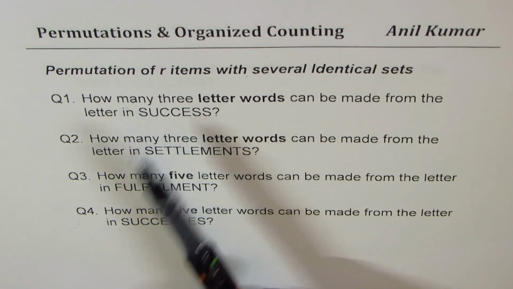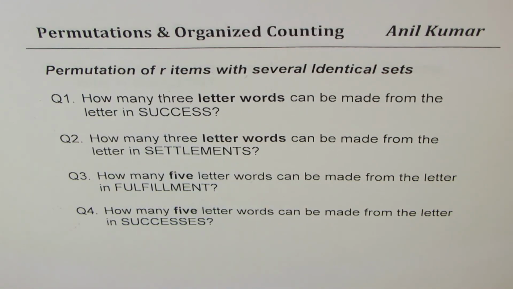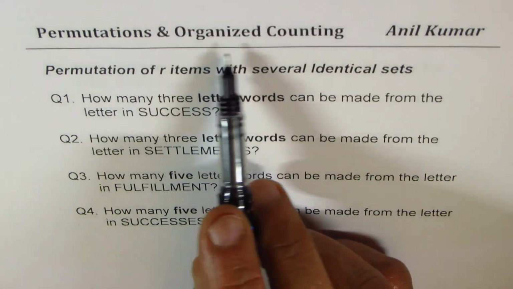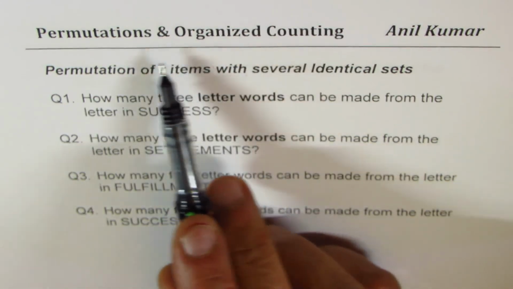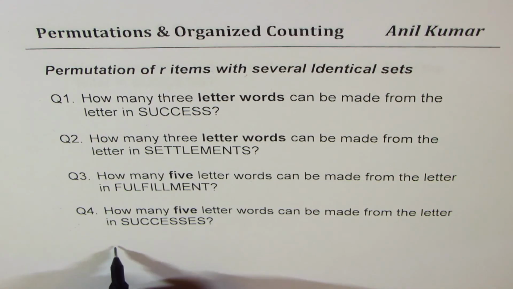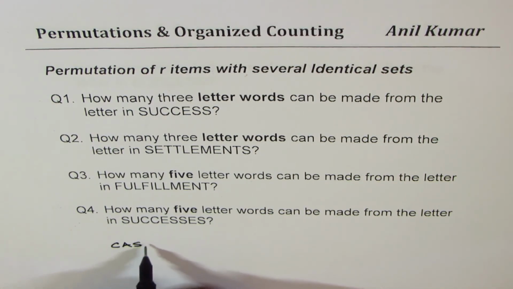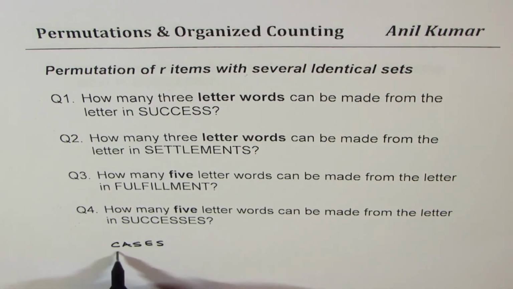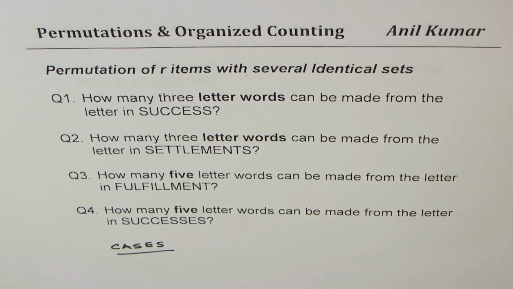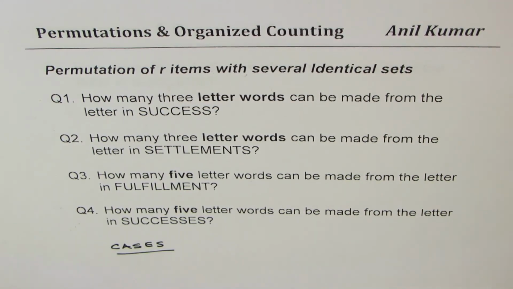So I'll actually solve first, second, maybe third, and then leave one for you to practice and understand the technique. Now in such cases, we will do organized counting and permutation combination. So we are considering cases to solve such questions. So let's see how to find their answer.